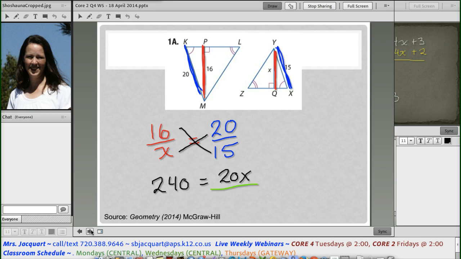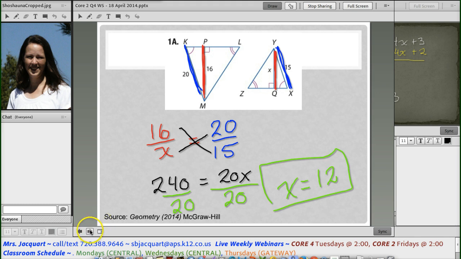Divide both sides by 20. Then X equals, X will be 12. Cool.